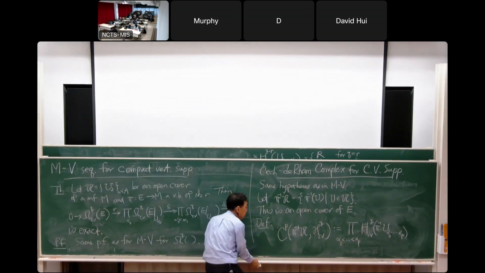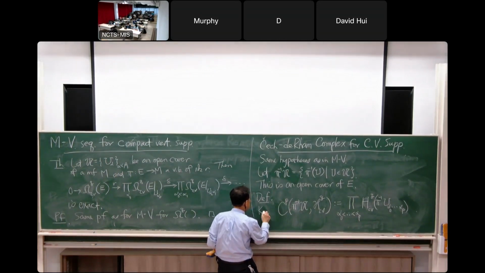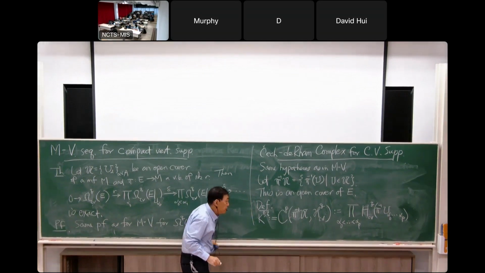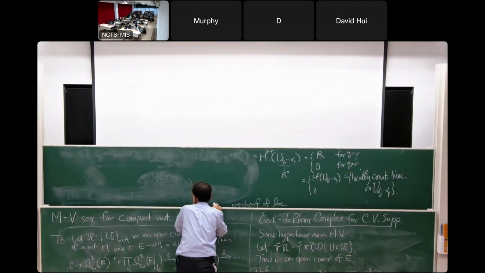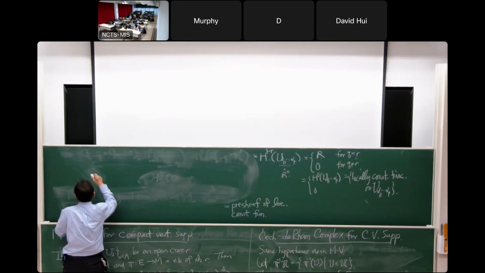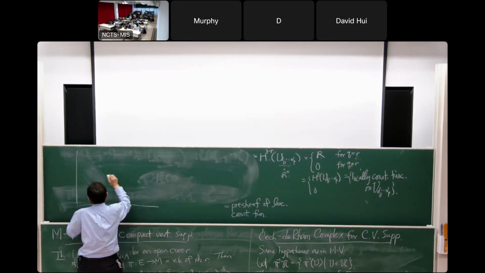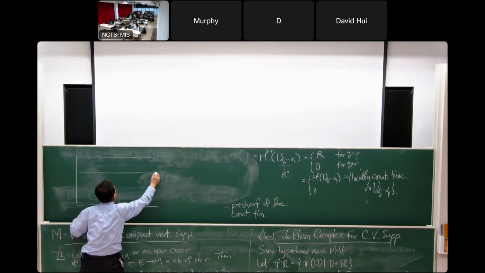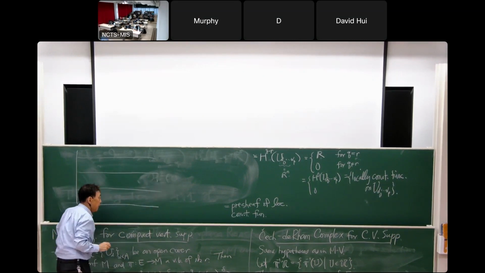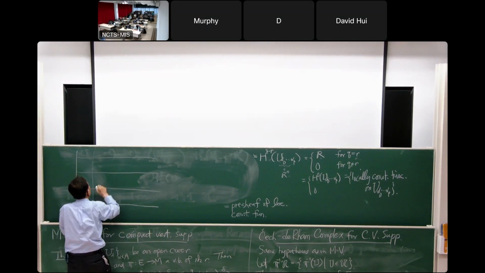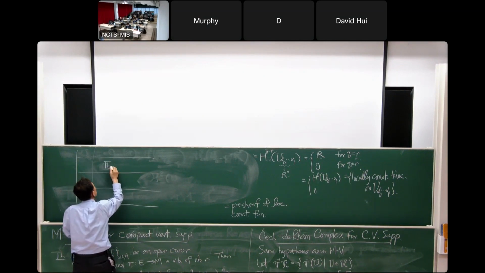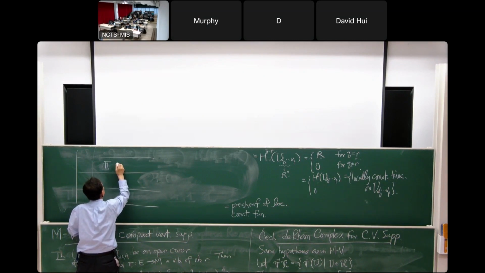So I will call this a double complex. I'll call this K^{p,q}. Okay, so here you have, say, C, no, you have the direct product of omega.